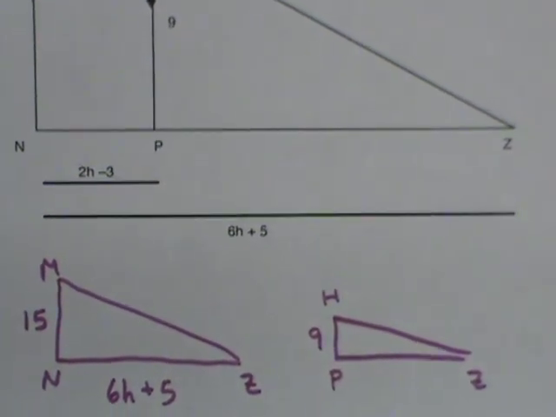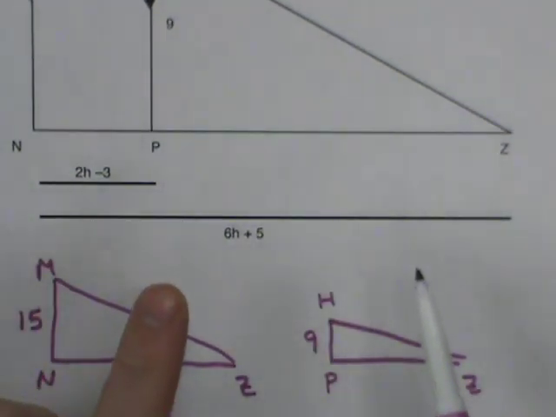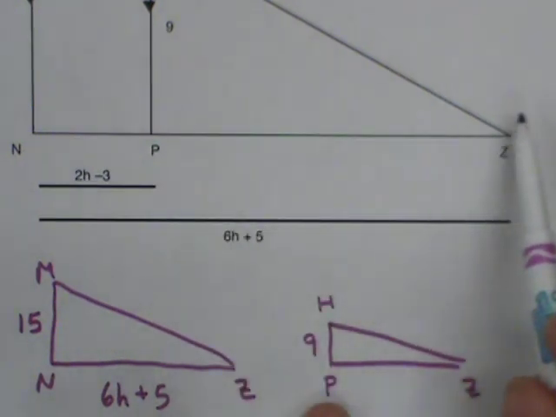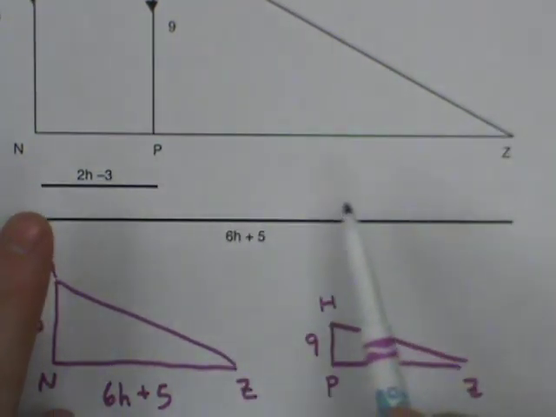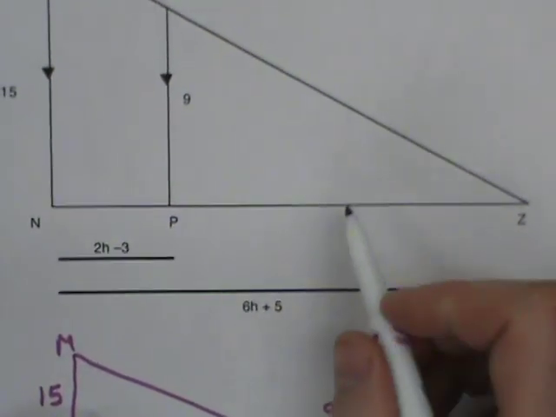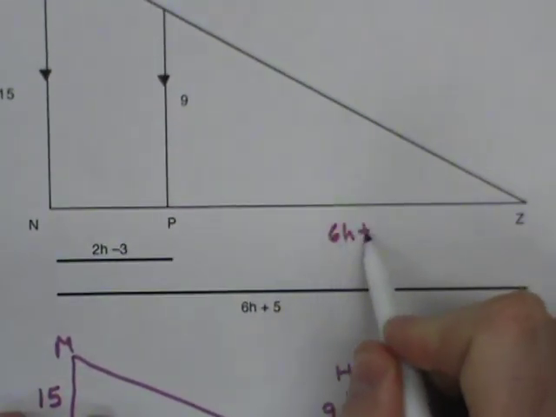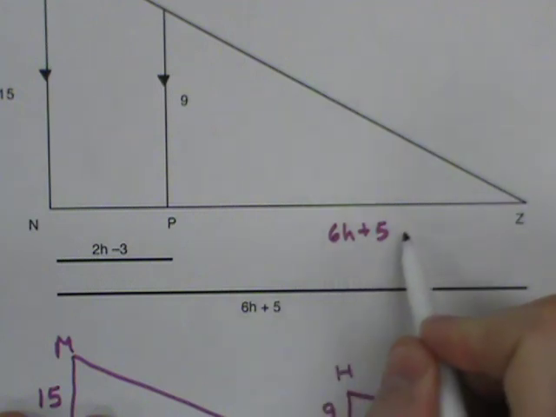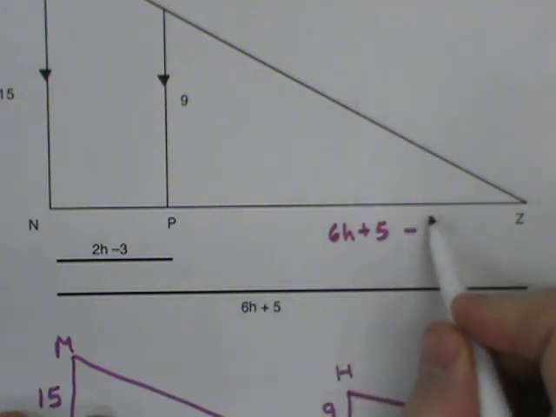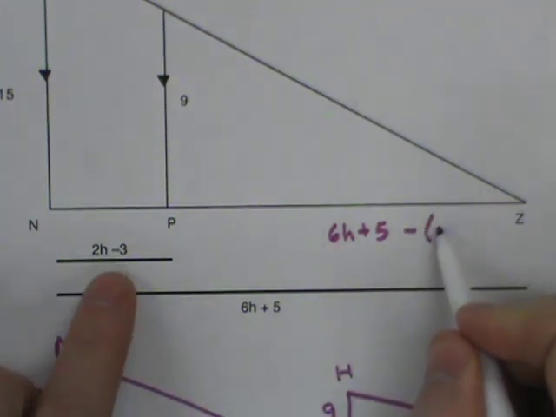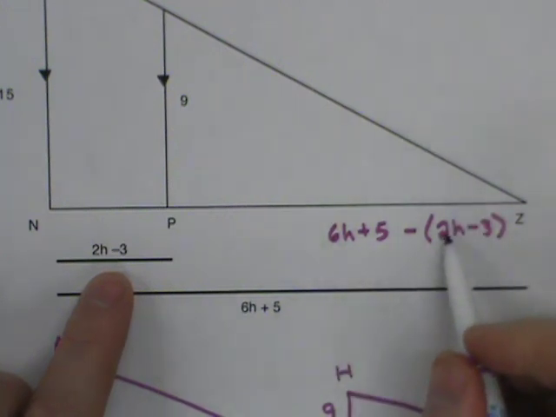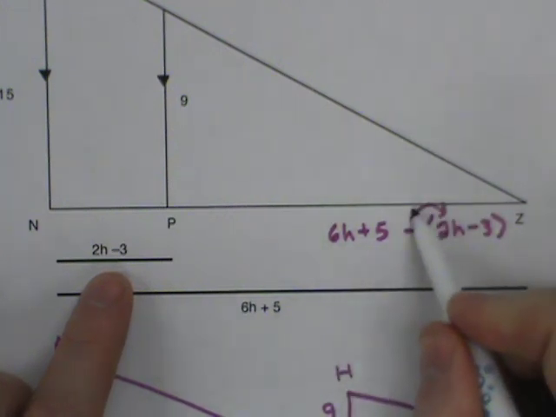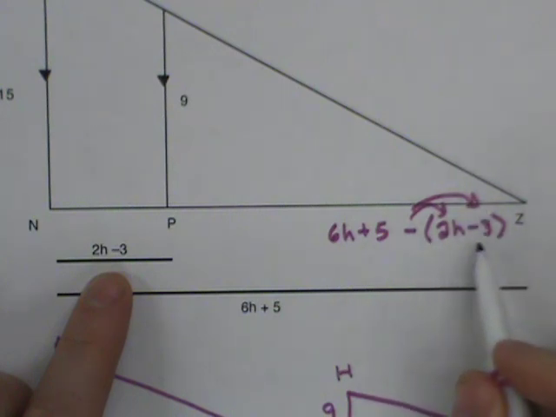Now here's an example where I can't add. I need to find the distance from P to Z. It wouldn't make sense to add the two expressions, but rather I need to subtract them. And so I'm going to take 6h plus 5, and I need to subtract out, if you subtract, make sure you put parentheses, 2h minus 3. As I put the parentheses there, I recognize that I have to distribute that negative across both terms.